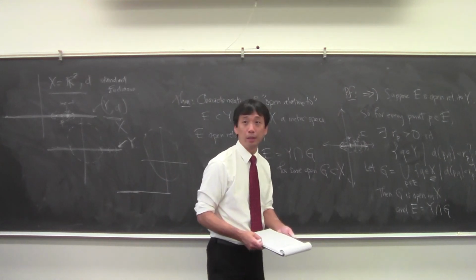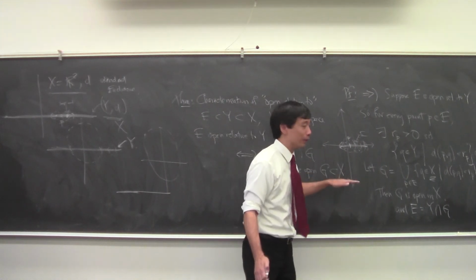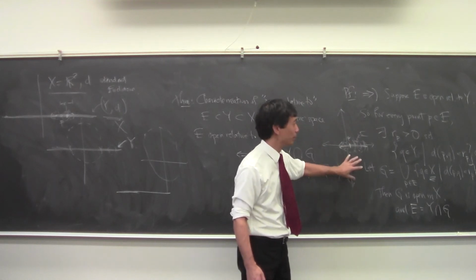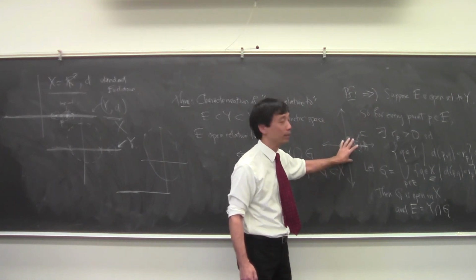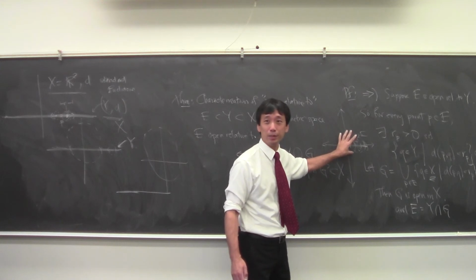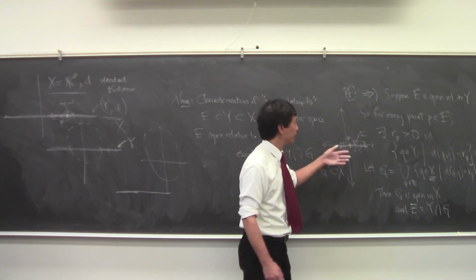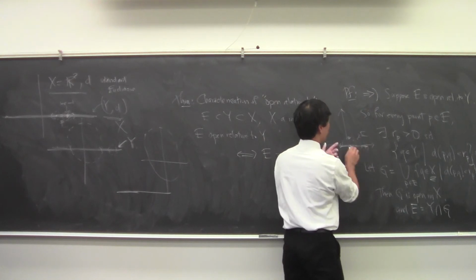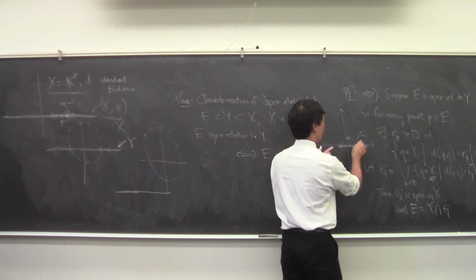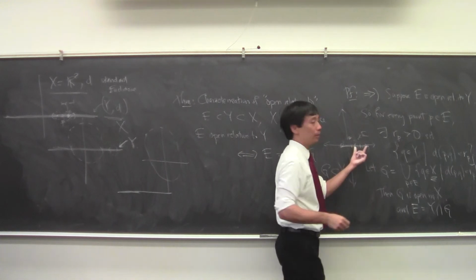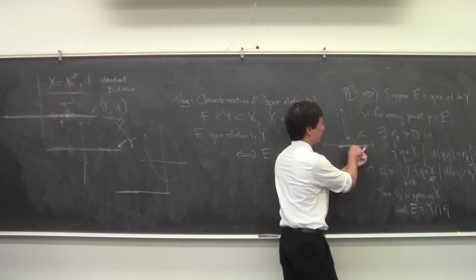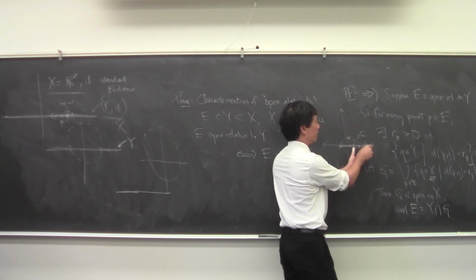And then the proof of the reverse direction is almost the same thing. You just reverse it. I'll let you read that. But is this okay? If you're open relative to Y, that means that there's some interval, in my picture it's an interval, some neighborhood around here that lies inside your set.